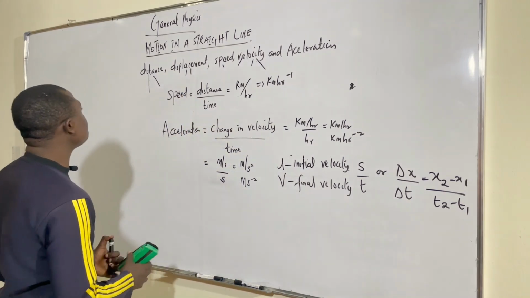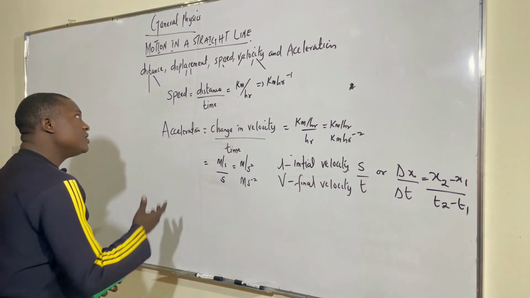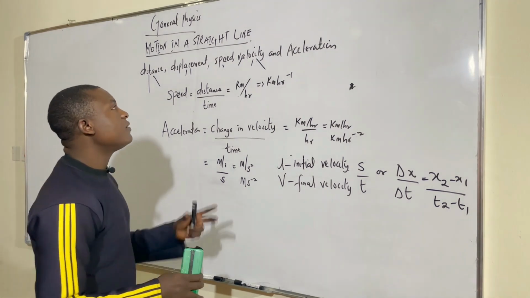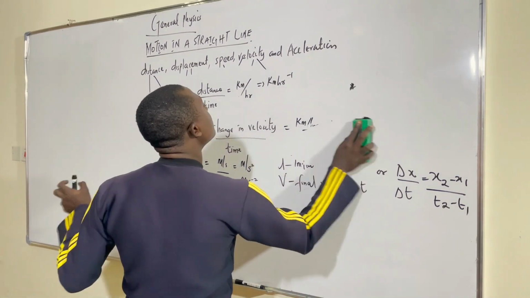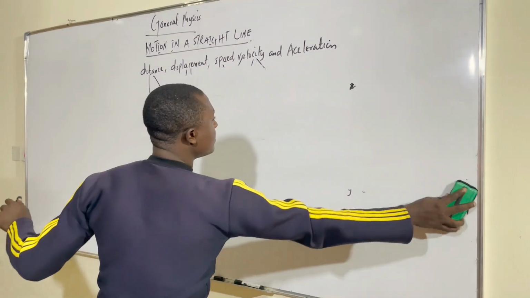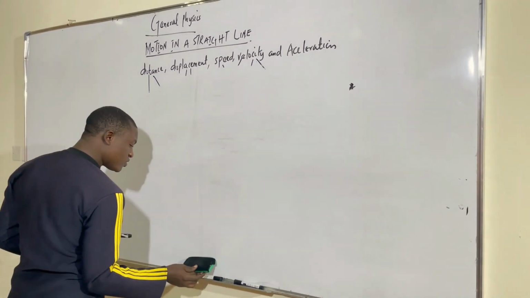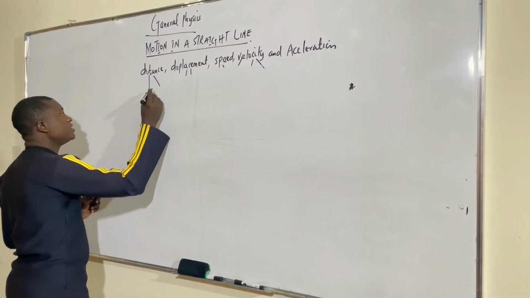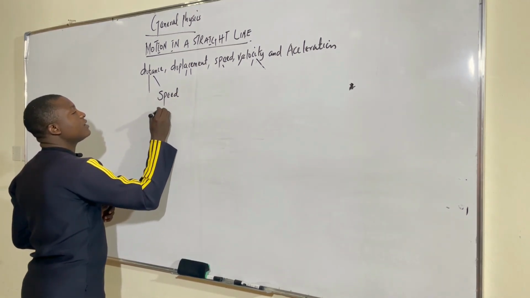So now let's go further. We talked about distance, displacement, speed, velocity, and at the same time acceleration, and derived their formulas one after the other. So now let's take a look at one or two problems, then we go further. The first one, speed, or we have velocity.